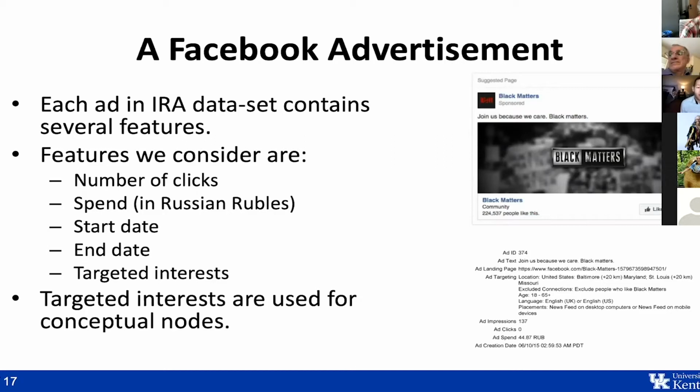What we found were that there were essentially 5 key features that were consistently found across all of the data: number of clicks, spend, start date, end date, and targeted interest. And targeted interests, as I mentioned earlier, are probably the most crucial of this entire process, because these are the features that we're going to then categorize into what we call conceptual nodes.